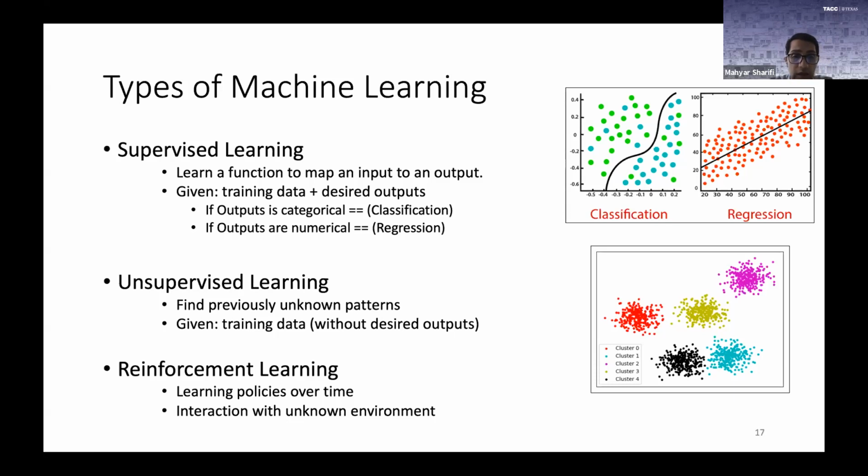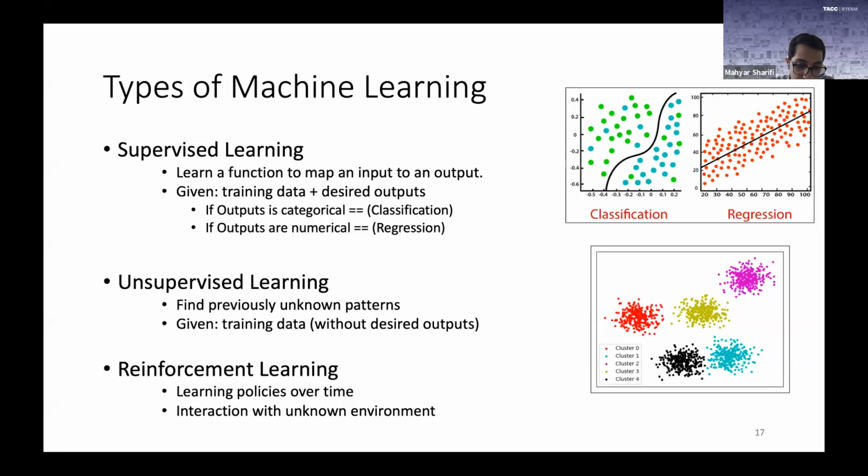Next, there is unsupervised learning, where you don't have any particular labeling or categories, and you are trying to find previously unknown patterns, essentially grouping your data sets into subcategories without knowing anything beforehand about the data.